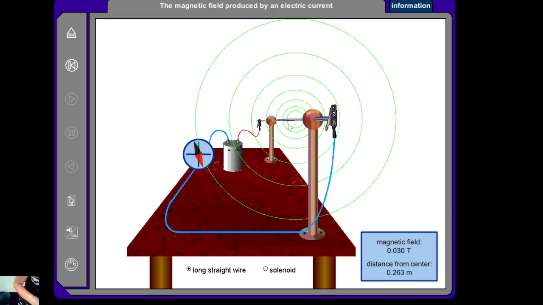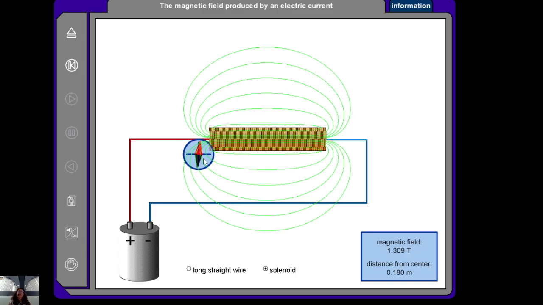Do you see it? Don't look at me. Look there. Take the wire and make loops and loops and loops. The magnetic field is following, right? So what are you going to get? You get something like this. This is an electromagnet, and it will behave exactly like a bar magnet.